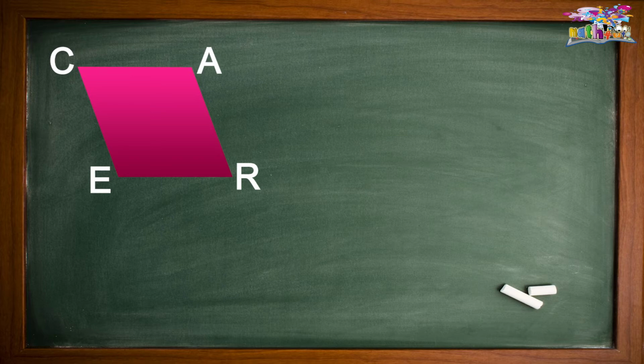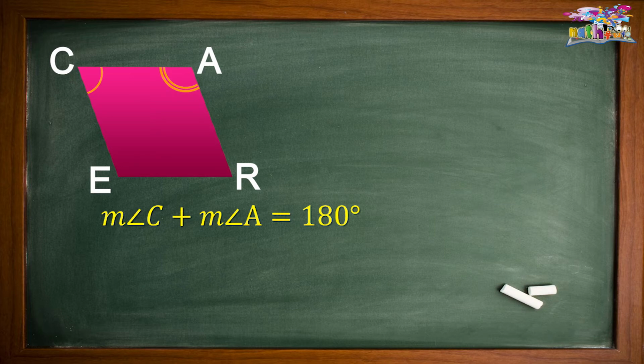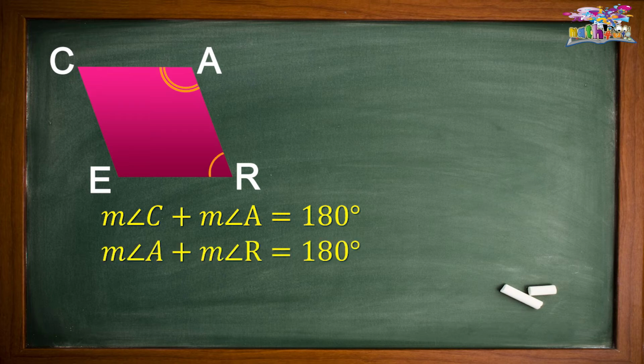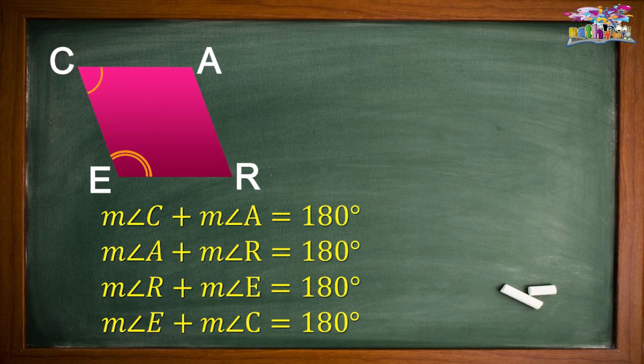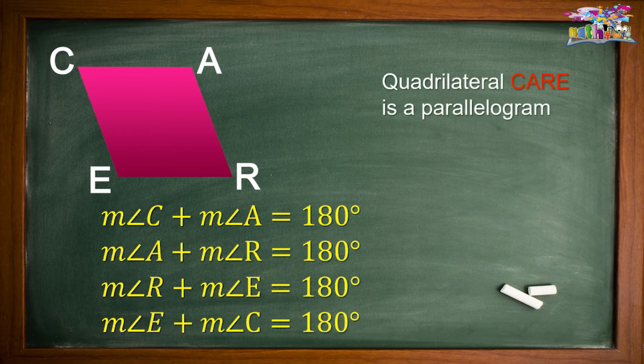In this quadrilateral, if the measure of angle C plus the measure of angle A is equal to 180 degrees, and if the measure of angle A plus the measure of angle R is 180 degrees, if the measure of angle R plus the measure of angle E is equal to 180 degrees, and if the measure of angle E plus the measure of angle C is 180 degrees, then the quadrilateral CARE is a parallelogram.